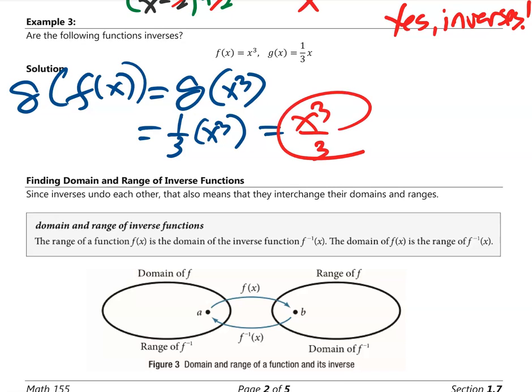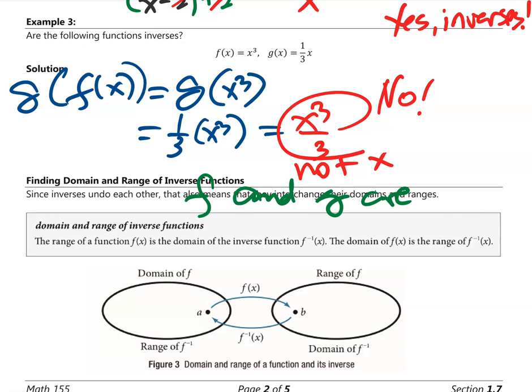And look at this, we didn't get an x, so this is not an inverse because this is not x. So we can say here that f and g are not inverses.